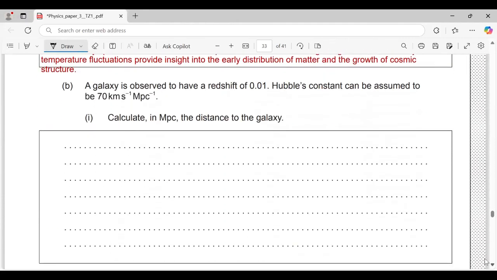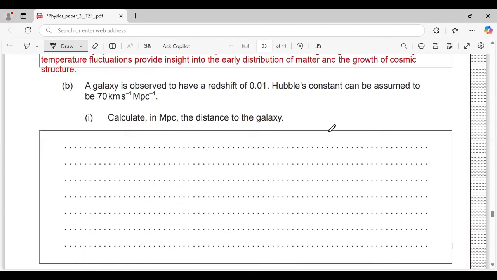Okay. Next, a galaxy is observed to have a redshift of 0.01. Hubble's constant can be assumed to be 70 kilometer per second per Mpc. Calculate, in units of Mpc, the distance to the galaxy.